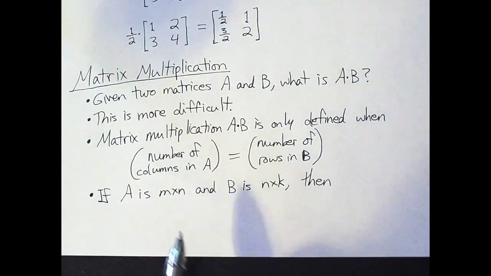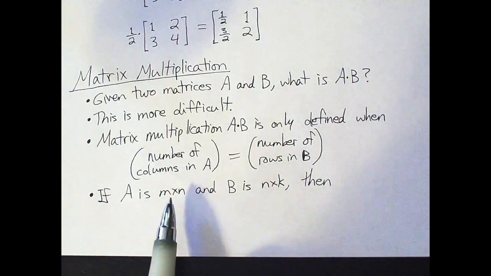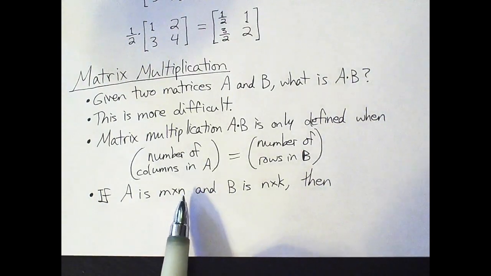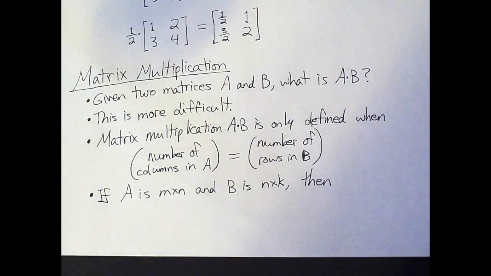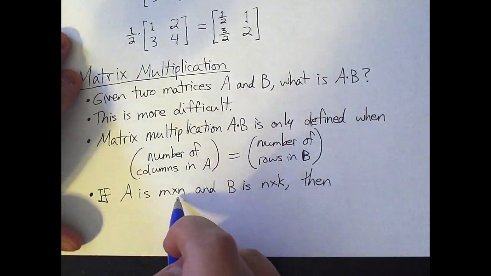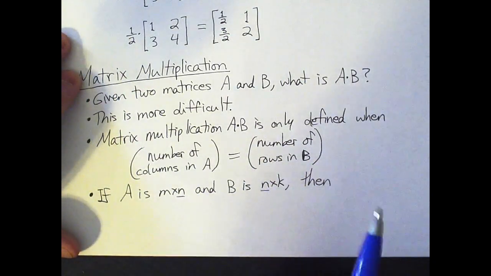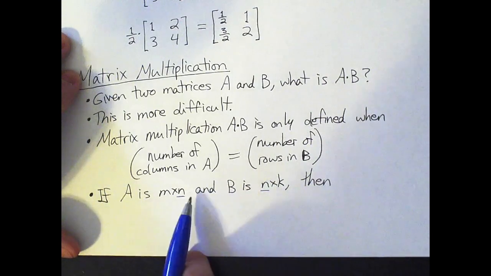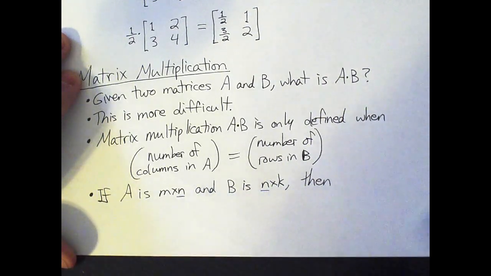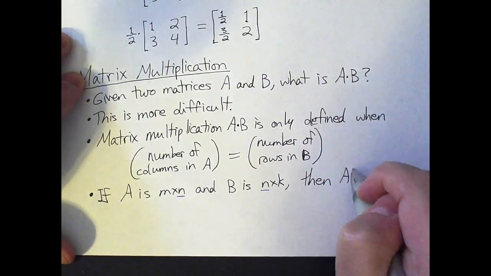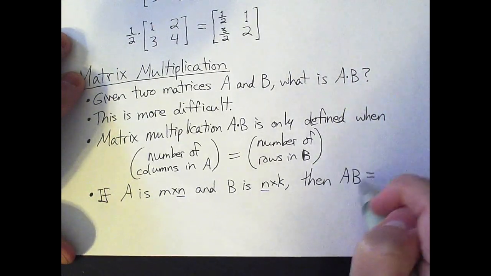We're being pretty general here. We're just using letters for these. You can imagine that these are actual numbers. But notice here, I'm going to underline this a little bit. This is the number of columns in A, and this is the number of rows in B, and those are equal. I used the same letter for them, n. So the product, A times B, should exist. A times B is going to equal something.